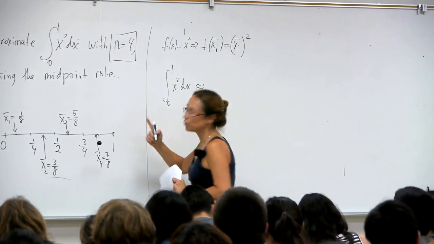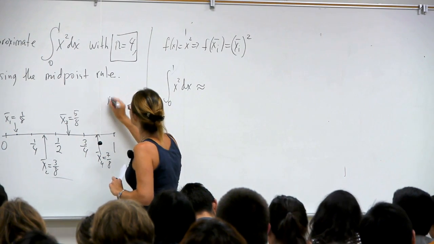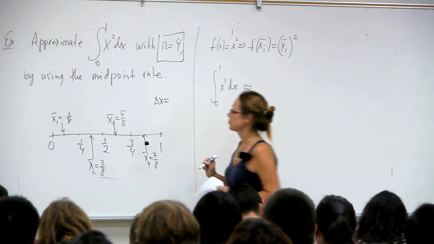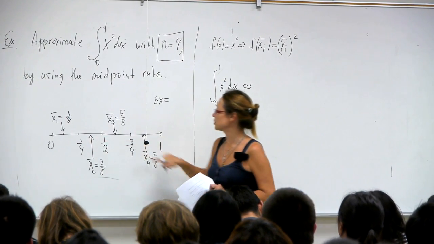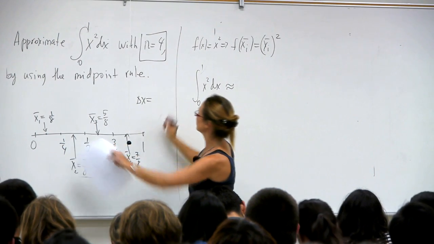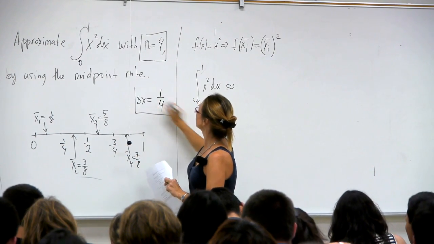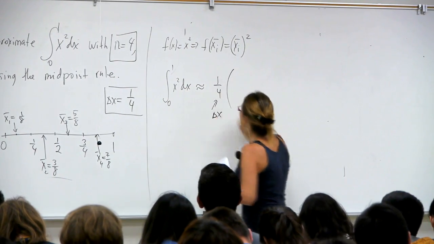And I forgot to calculate delta x. So what's delta x here? What's the distance between my points in the partition? 1/4, right? n equals 4, the total interval is 1, so it's 1/4. So I have 1/4 that comes out.